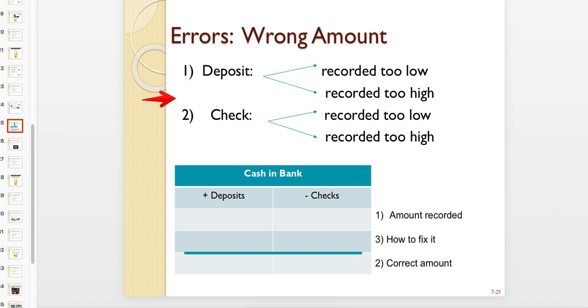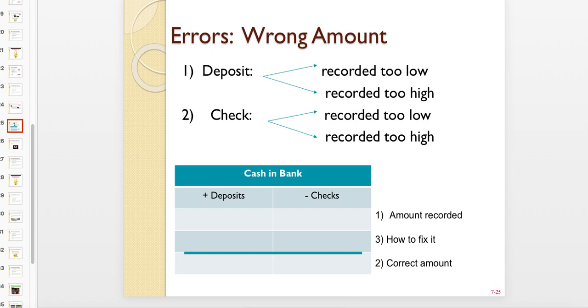So what I recommend when you're dealing with an error, because there are so many variables, it could be deposit high or low, it could be check high or low. So there's a lot of different variables to consider. So what I do is I first identify what was the transaction that was an error. Was it a deposit or was it a check? Let's say, for example, it's a deposit.